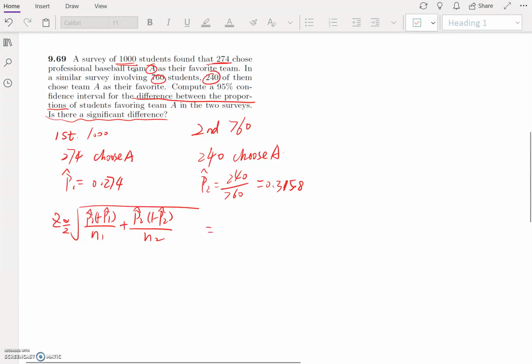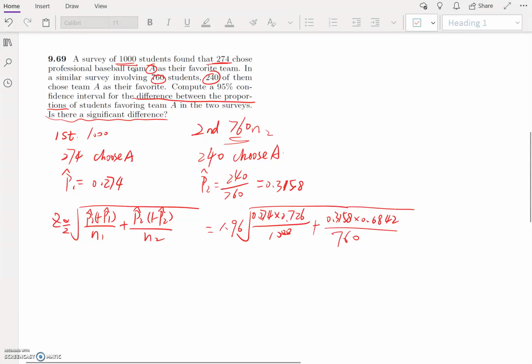So that is 1.96 times the square root of 0.274 times 0.726 divided by, this is 1,000, plus 0.3158 times 0.6842, is that right? Yeah. And divided by this n2 here, which is 760. So we can get a value.